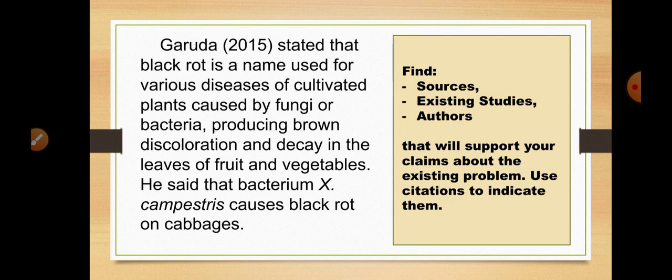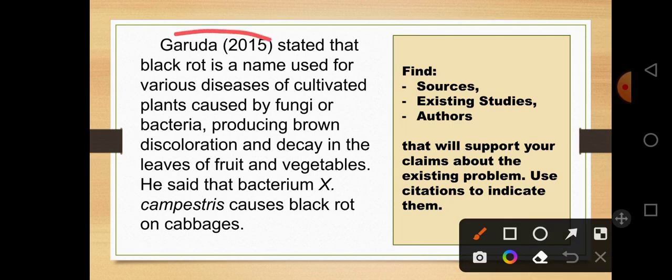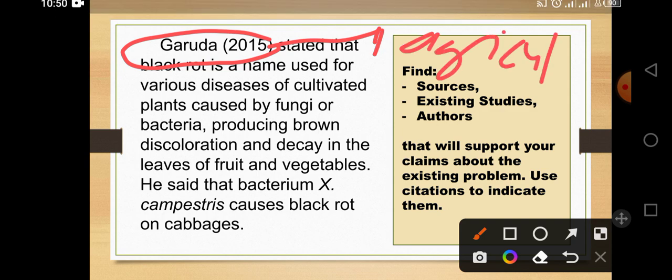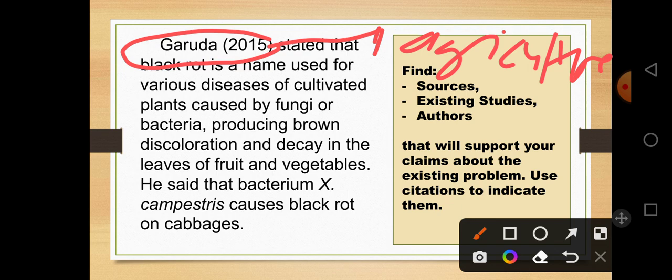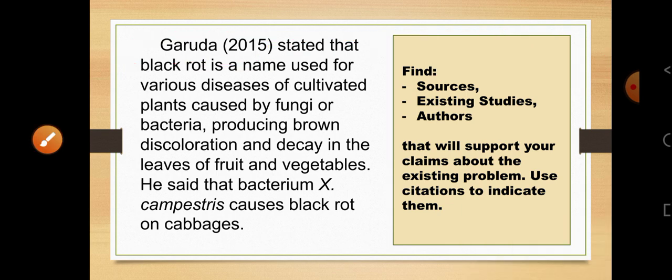Okay, so in this case, we have Garuda 2015 who supported our previous claim or our previous idea about black rot being an existing problem in the industry of agriculture. Okay, so note class that we used citations for us to indicate our supporting source.